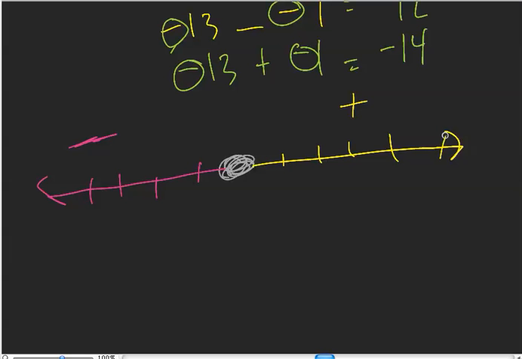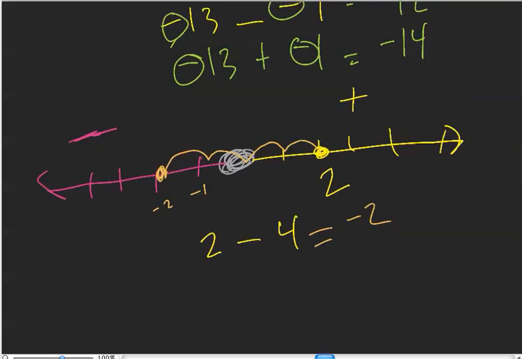Let's say I start at 2. There's my 2, and I want to take away 4 from it. So I jump 4 this way: 1, 2, 3, 4. And I end up in the negative world here, 1, 2 negatives. So that equals negative 2.